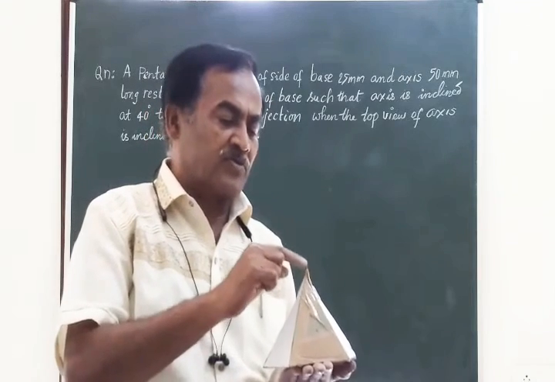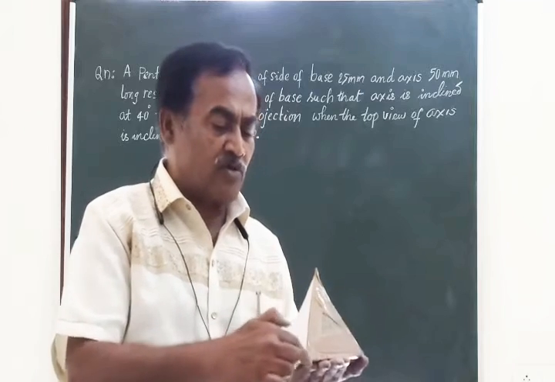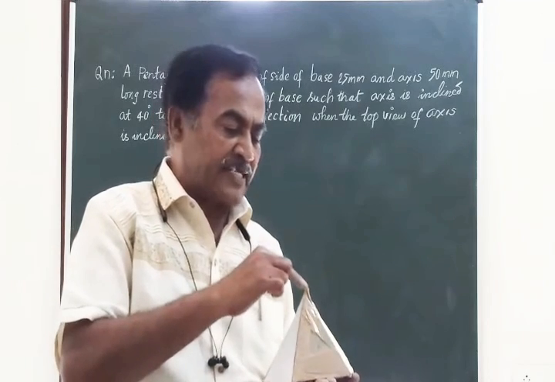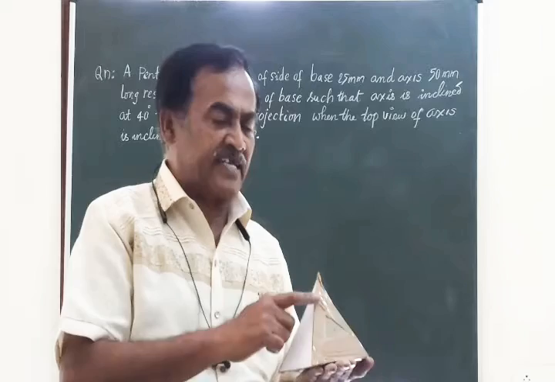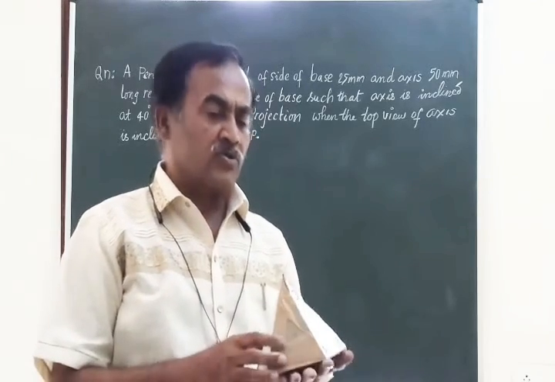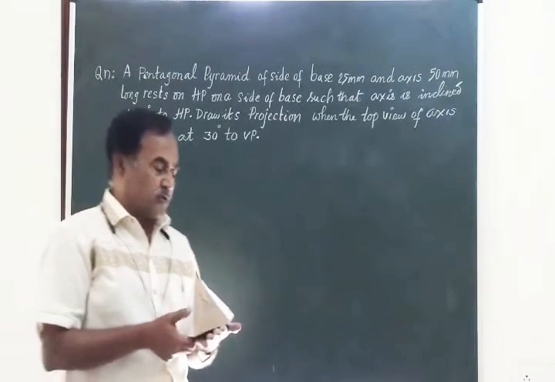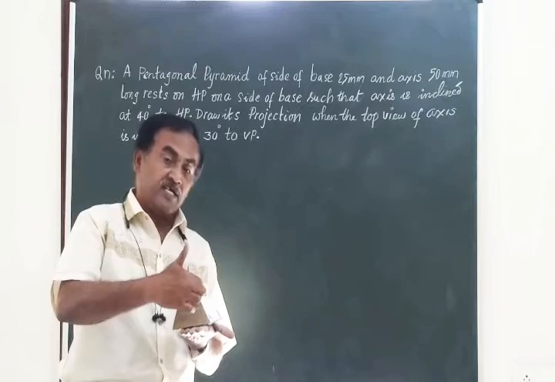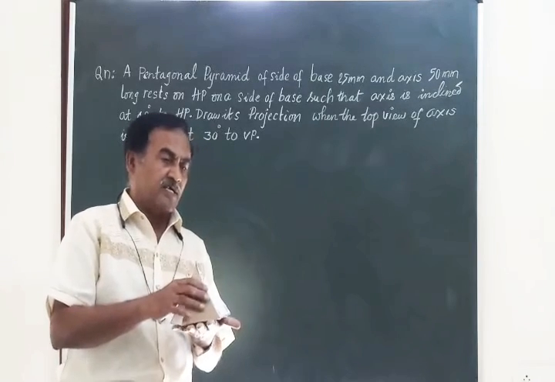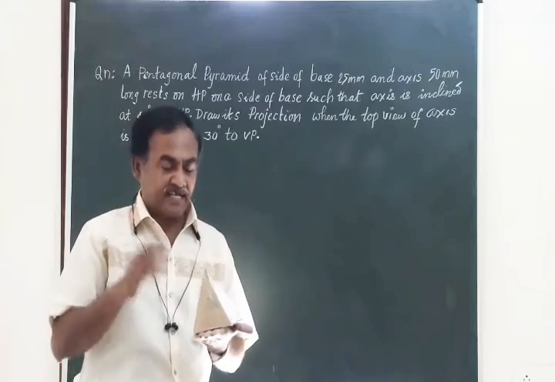You can also observe this vertex O, and all these corners of the base are connected to it by a number of slant edges OA, OB, OC, etc. Now to start with, I am going to place the pyramid on HP such that one of the base edges of the solid is to the right side of the observer, and get its top view. So the top view is going to be a pentagon.